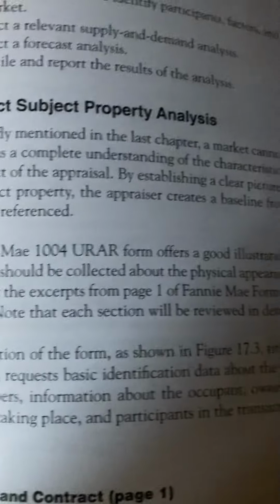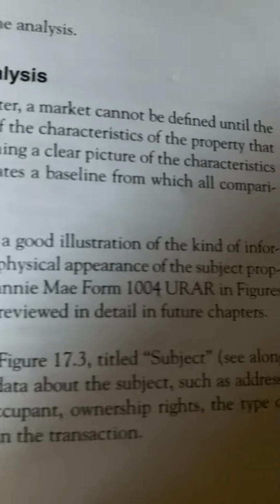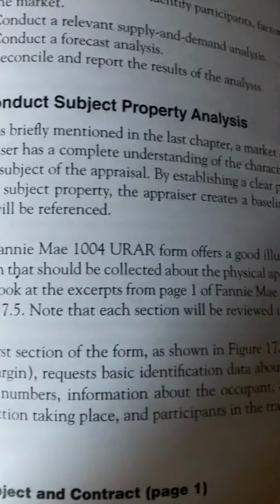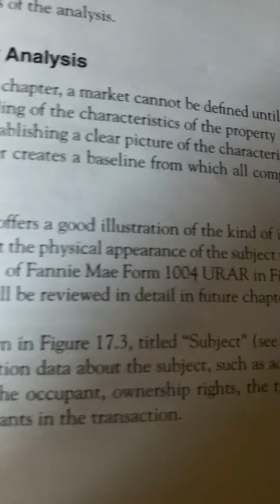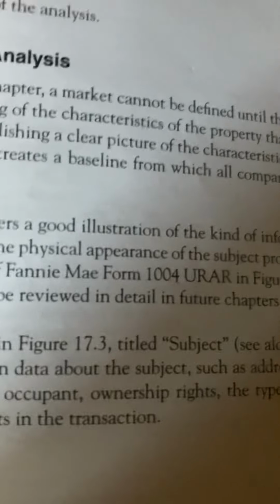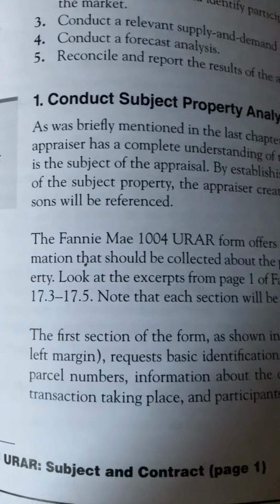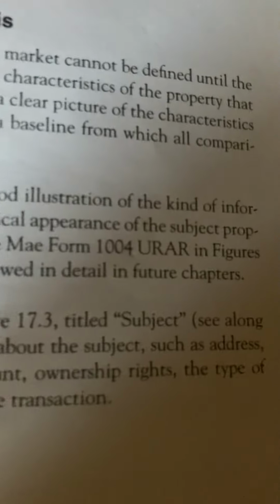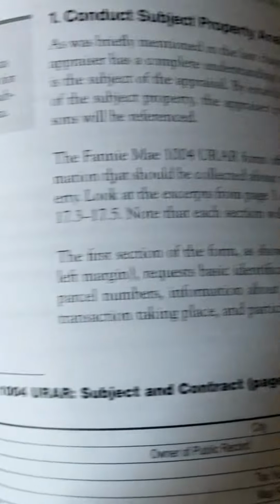The Fannie Mae 1004 URAR form offers a good illustration of the kind of information that should be collected about the physical appearance of the subject property. Look at the excerpts from page 1 of Fannie Mae Form 1004 URAR in figures 17.3 through 17.5. Note that each section will be reviewed in detail in future chapters.